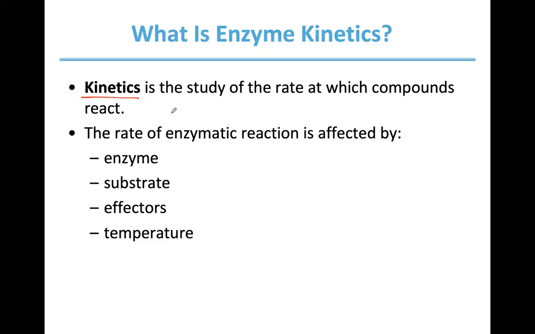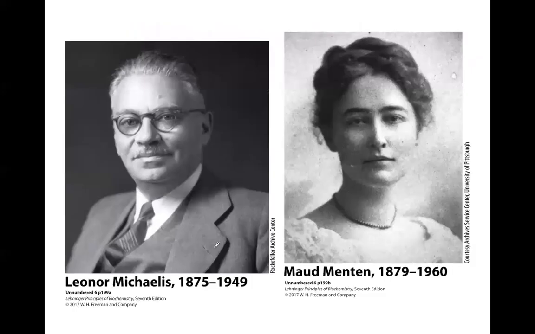So for the reaction to be successful, you have to have kinetics and thermodynamics in your favor. And so the rate of the enzymatic reaction will be affected obviously by the enzyme, right? The enzyme, the substrate, various effectors. So we talked about allosteric regulation, right? And temperature. Obviously at high temperature, the reactions are faster.